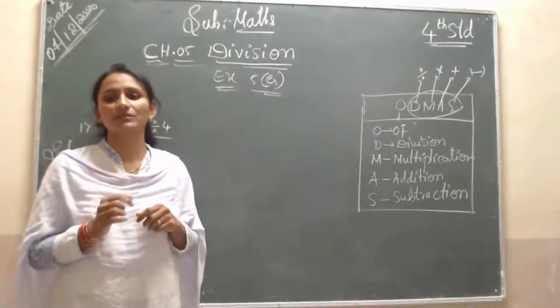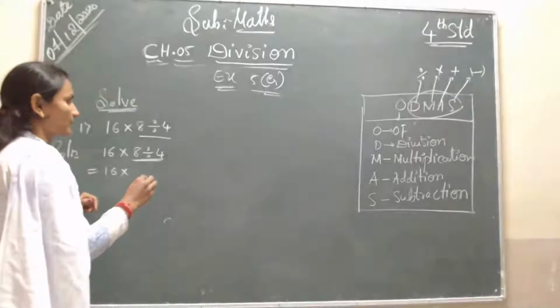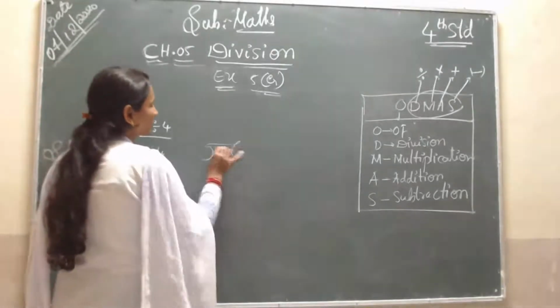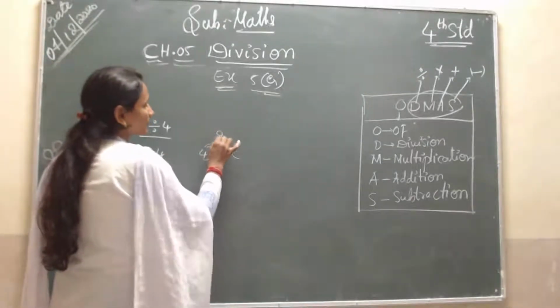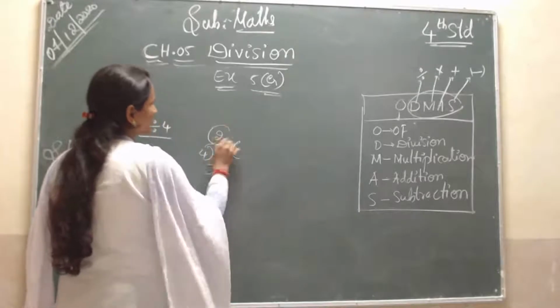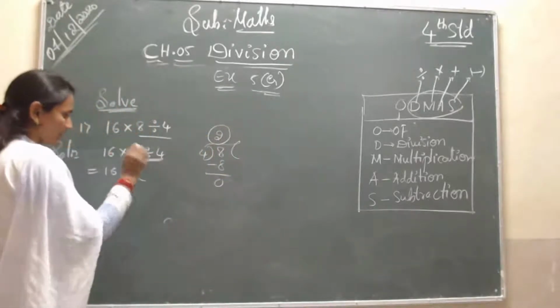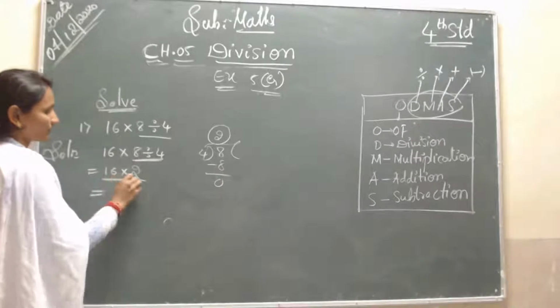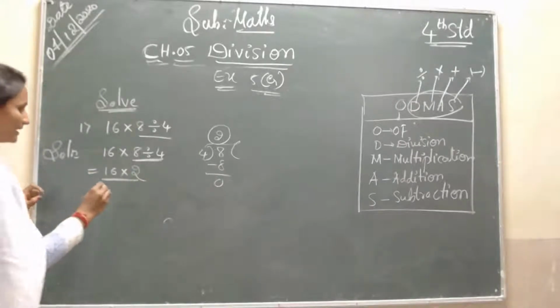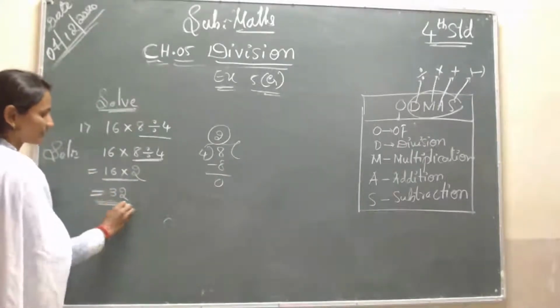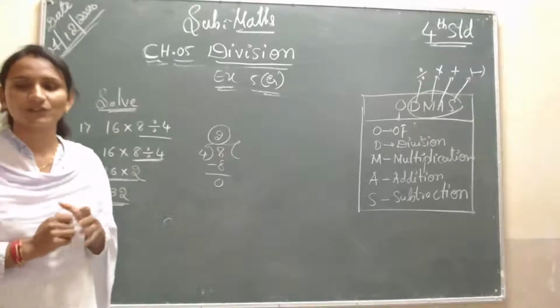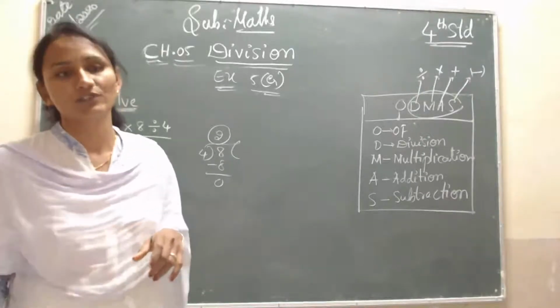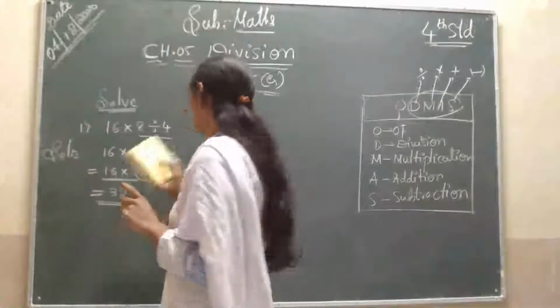That's the division symbol, first you have to clear it. So here 8 divided by 4 is 2. The remaining you have to write here too. Next, these two numbers you have to multiply. 16 times 2 is 32. So 32 is the result. So this is a simplification. So we will use the four fundamental operations.